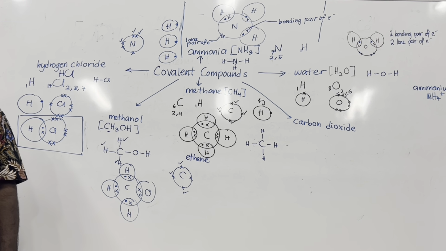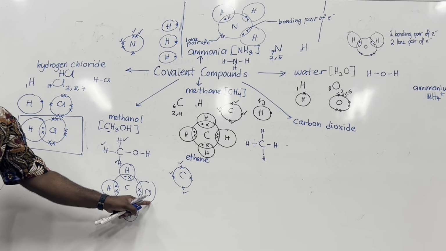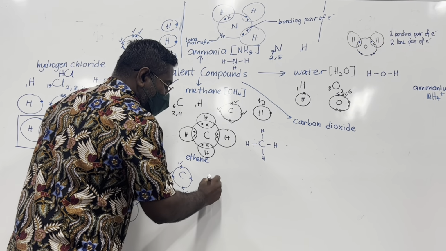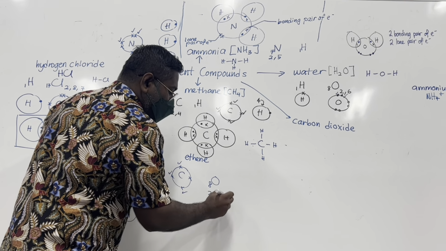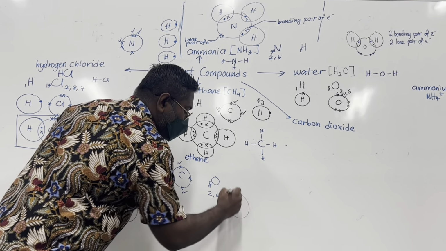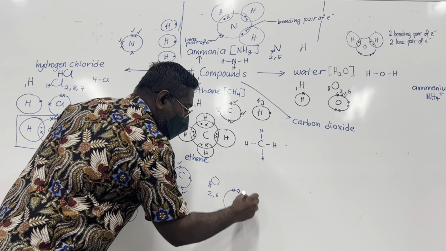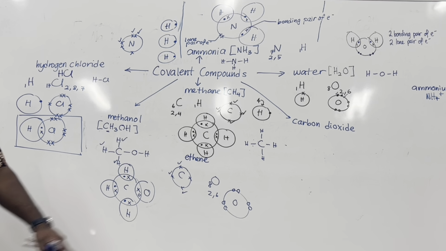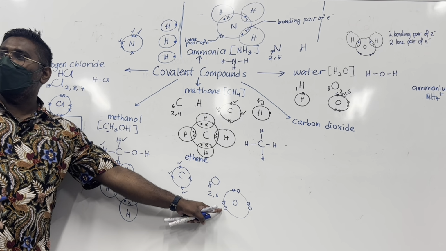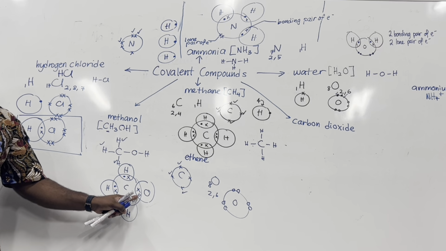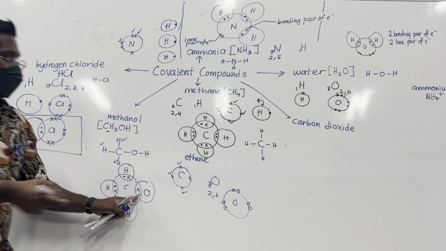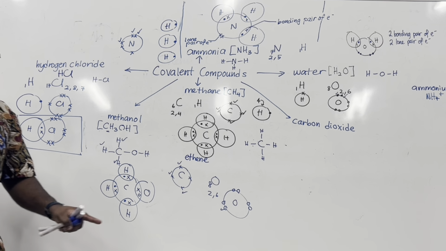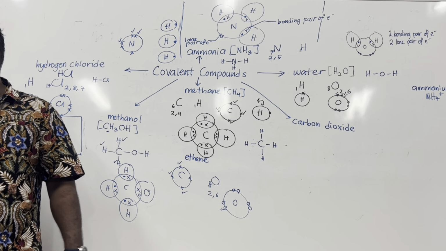Is that clear? This is coming from the oxygen. Now, oxygen is 8, so 2, 6. Oxygen has 6 electrons: 1, 2, 3, 4, 5, 6. 1 electron already came over here, you agree? So there are 5 more electrons hanging around.